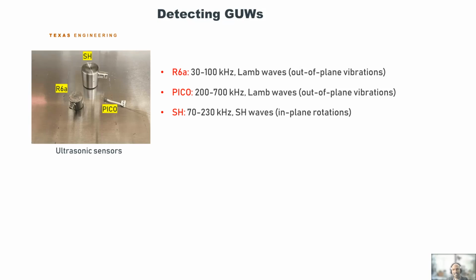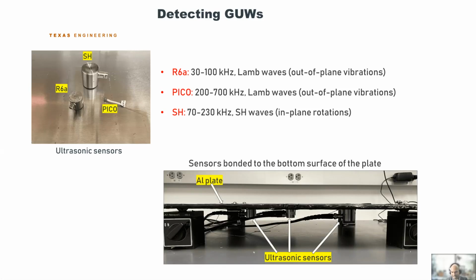Each sensor has a particular frequency range, and they are designed for measuring either Lamb modes or the shear horizontal modes. And in the experiment, we attach these sensors to the bottom of the plate, so that when the mouse moves on top of the plate, you get real-time, immediate monitoring of the waves. So it's sort of like listening to the guided waves generated by the animal.